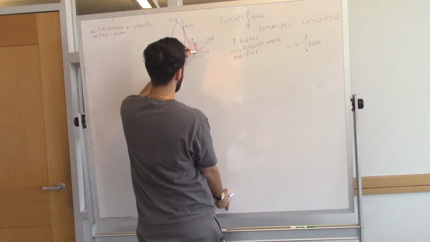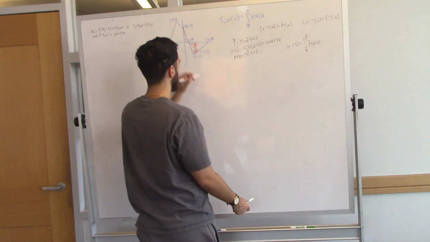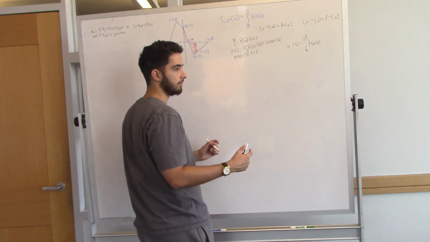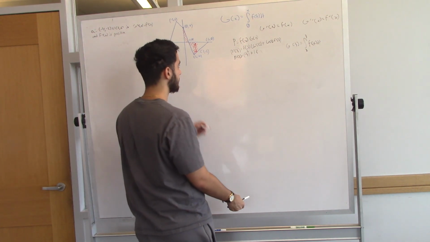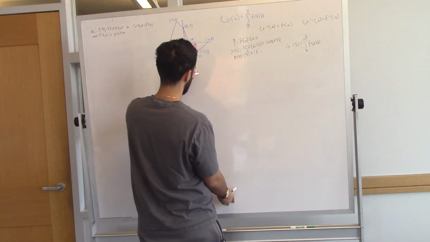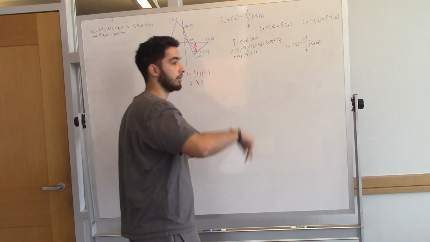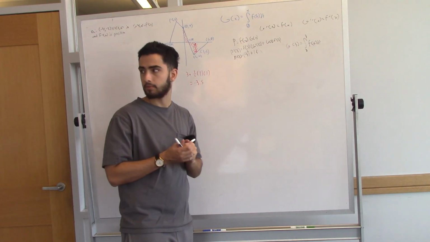Which is really just a rectangle with length 3, base 1, and a triangle with base and height of 1. So it's going to be 3 plus 1/2 times 1 times 1, which is going to be negative 3/2, because again, we are underneath the x-axis, okay?